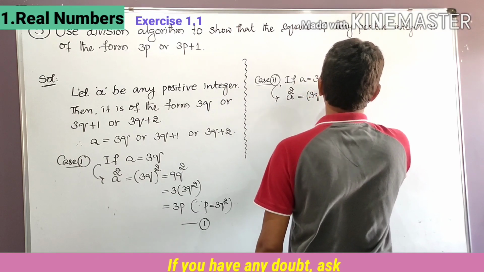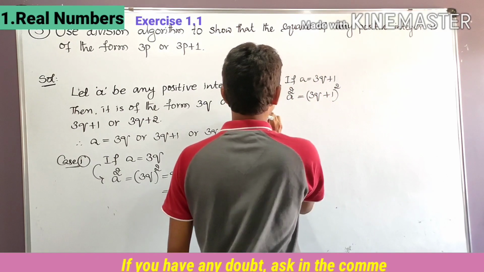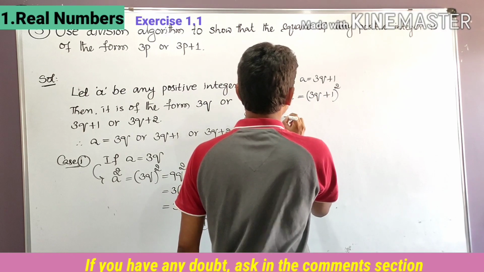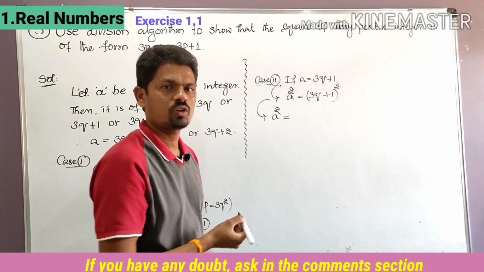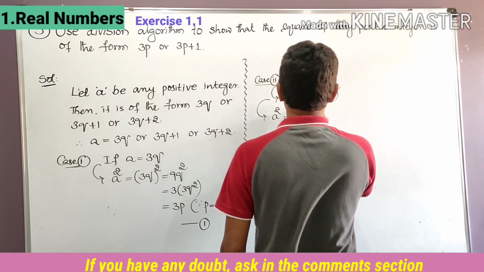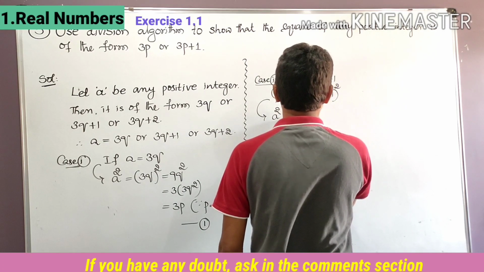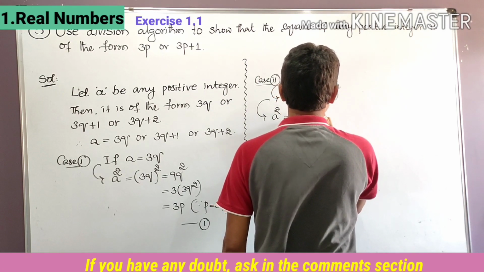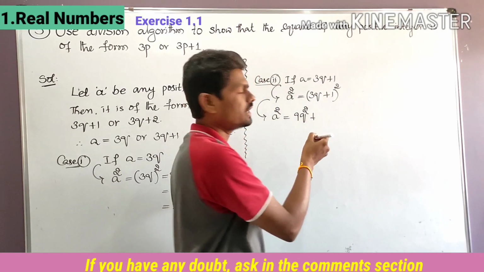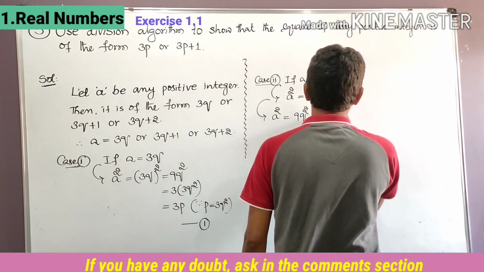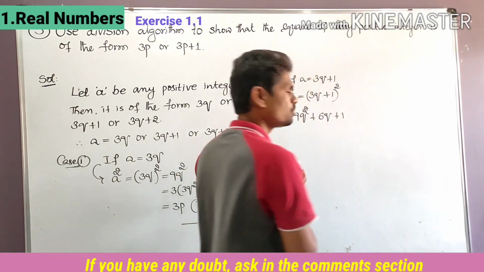Simplifying, it is in the form a plus b whole square, a square plus 2ab plus b square. a square is 3q whole square, that is 9q square, student; 2ab is 2 into 3q into 1, that is 6q; plus b square, which is 1.